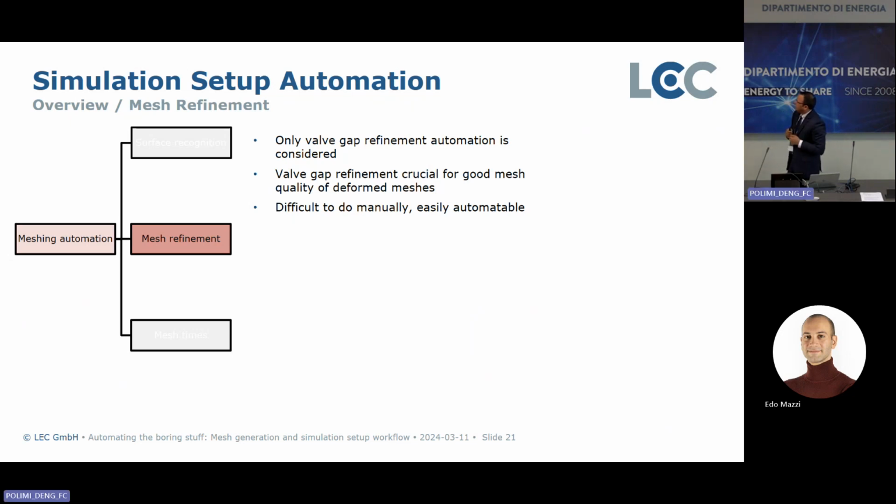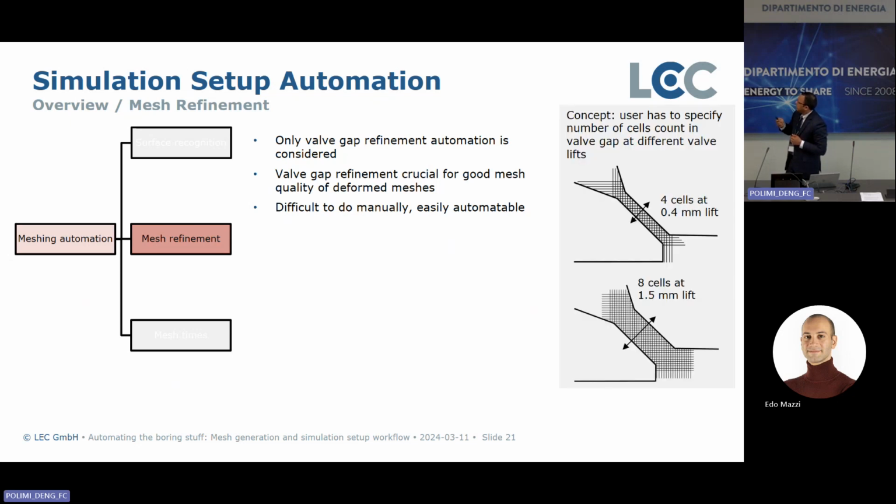For that, what we do is we automate it. This is based on a very easy concept that the user can set: okay, I would like to have 4 cells when the valve is closed. And then at different valve lifts, the user can specify, let's say at 1.5 millimeter, I would like to have 8 cells.